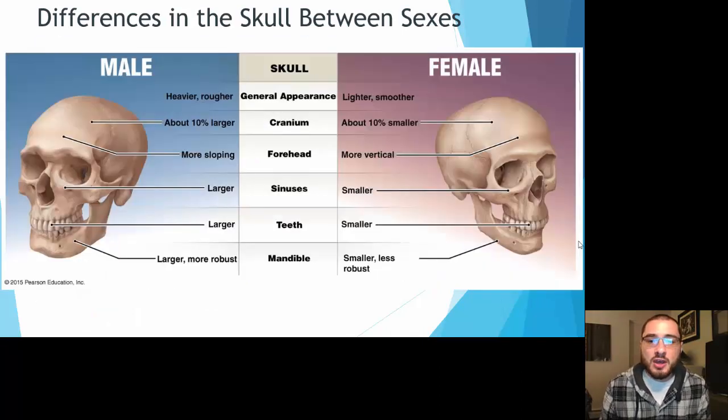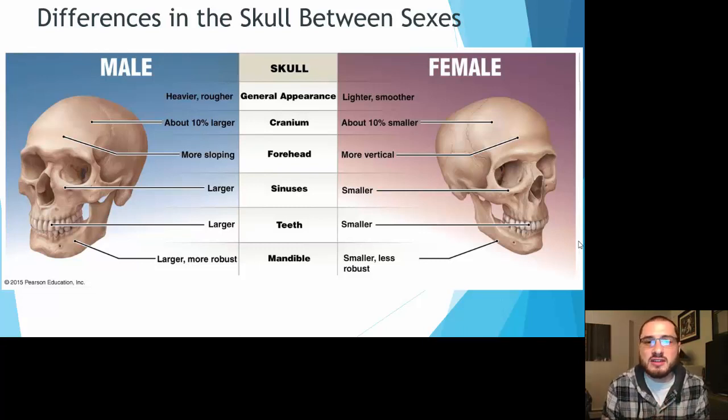So when you look at these skulls, it's not necessarily something that's going to jump immediately out at you, and you can see to varying degrees maybe some more male traits in a female skull and more female traits in a male skull.